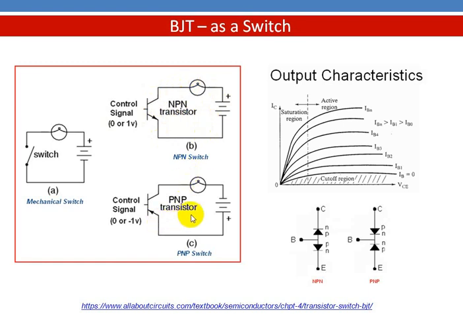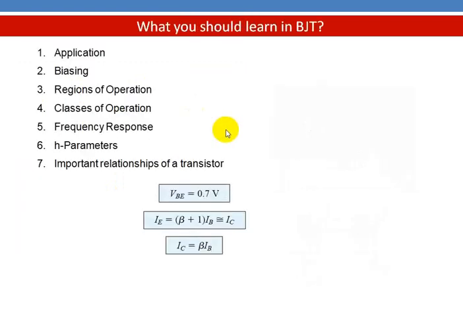Similarly, in the PNP transistor, when you apply a low signal, the device will be conductive. When you apply a positive voltage, the device will remain in the off state. Always, when the transistor is on, it operates in the saturation region. When the device is off, it operates in the cutoff region.